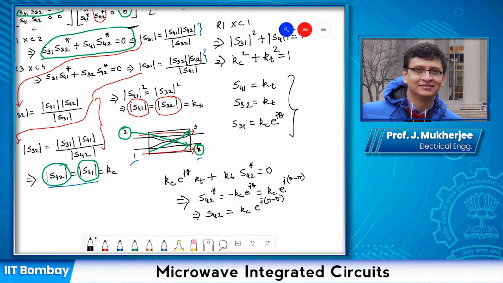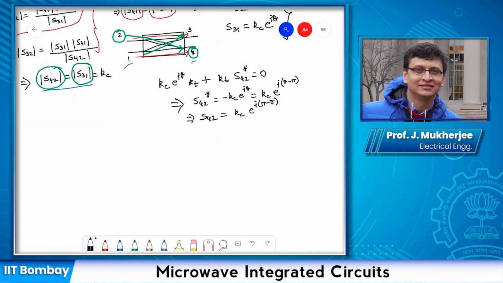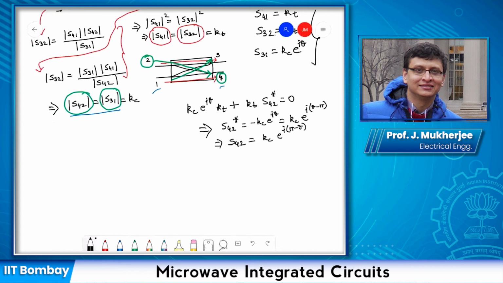Now, depending on what value of theta we choose, before going to that, let me write down the S parameter matrix in terms of Kc, Kt, and theta. S31 is equal to Kc e raised to j theta, S41 is Kt.